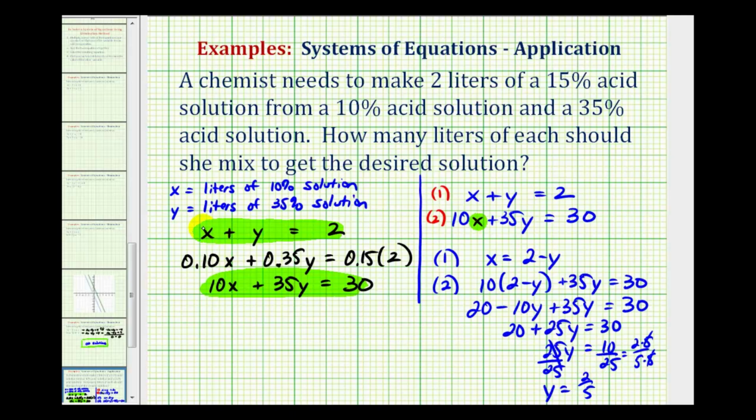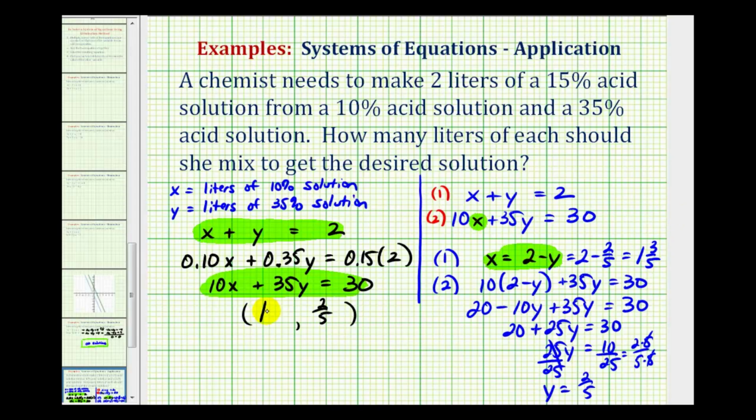Remember, y is the number of liters of the 35% solution. So as an ordered pair, we know that y is equal to 2/5. But we still have to go back and determine x. But we do know from before x is equal to 2 minus y. So we'd have 2 minus 2/5, which is 1 3/5.